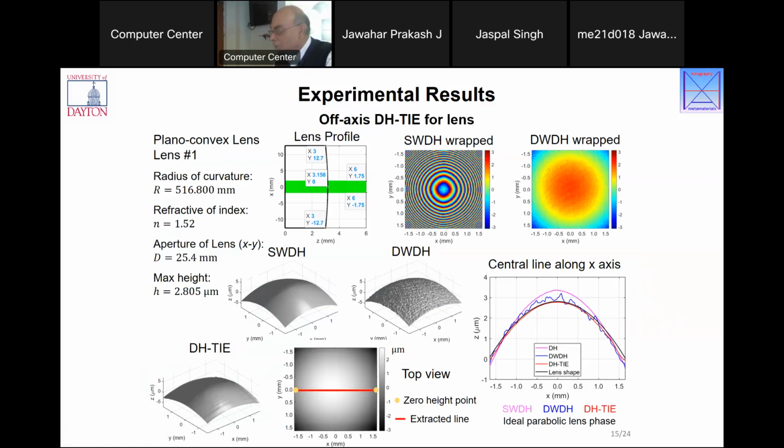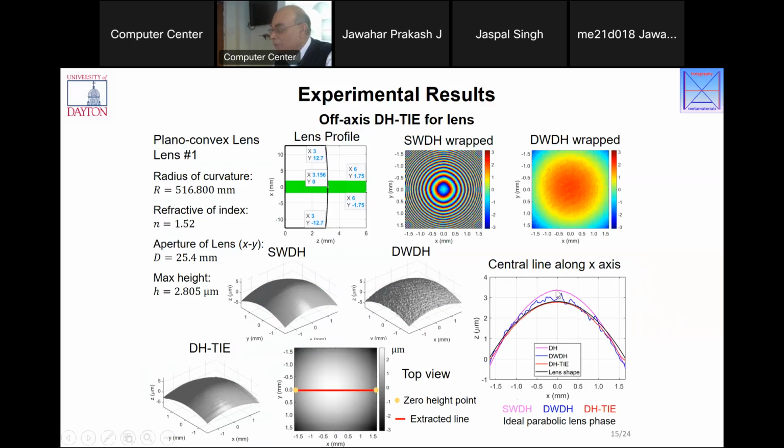The one in black, which you cannot see, is right here, this line. The reason you cannot see it is that there is another line on top of it, the red line. And guess what? This red line is DH with TIE. It matches exactly, as you can see.